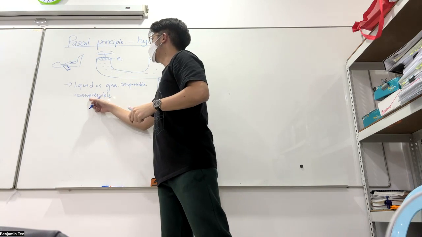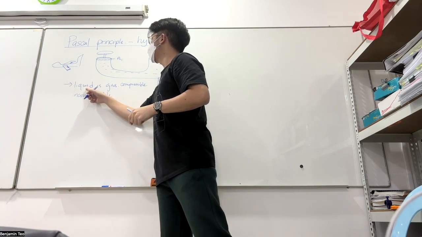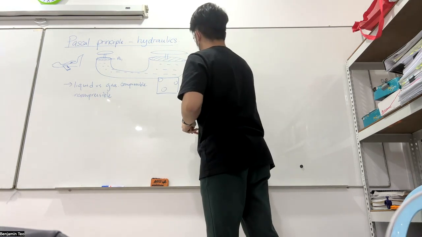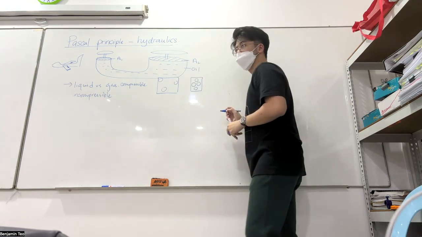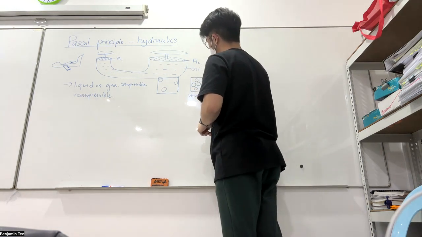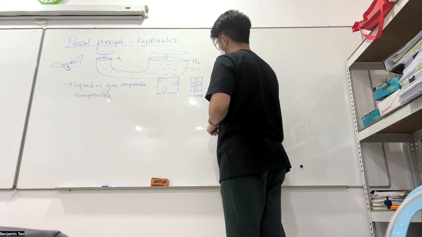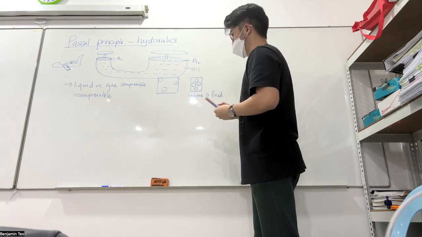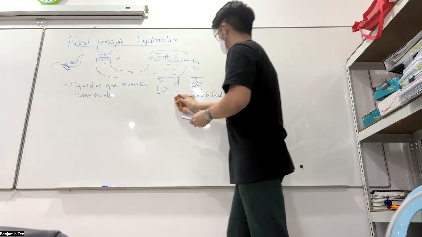Now, what about incompressible? That makes it fit to become the hydraulic fluid. One thing is that if it is incompressible, you cannot change the volume. Okay, volume is fixed. Sorry, should be density.